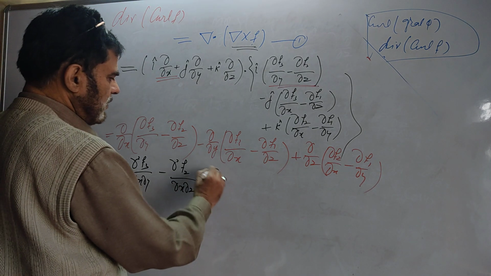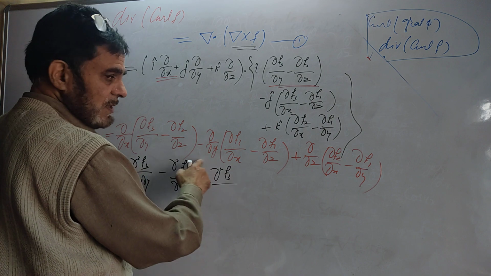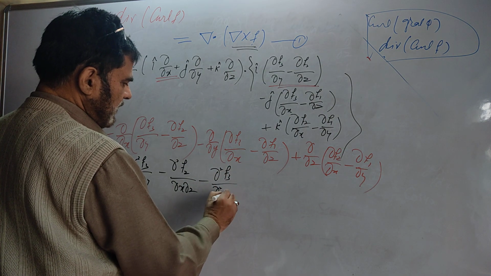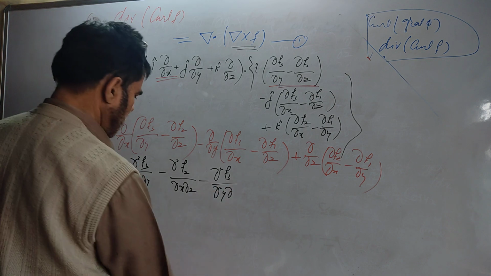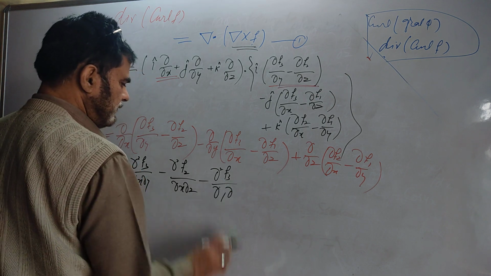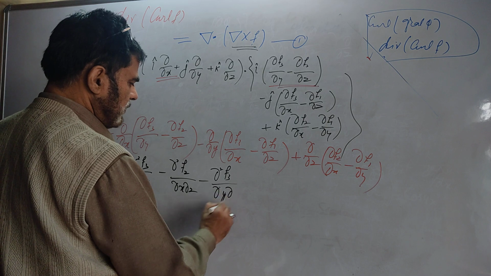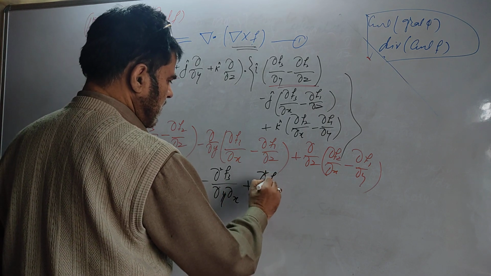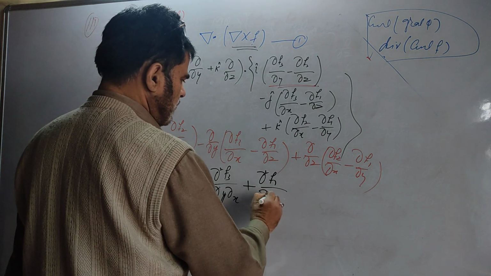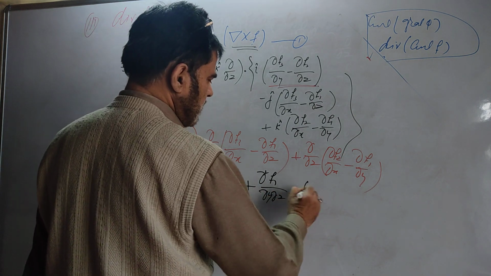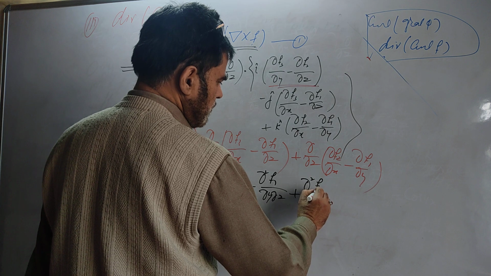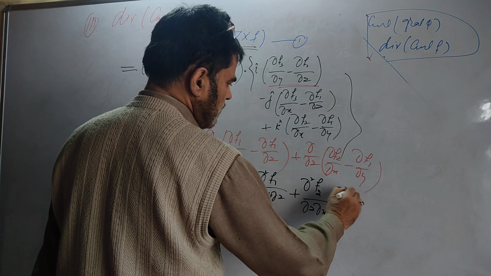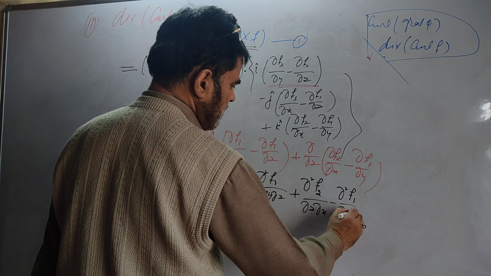This is minus dou 2 f3, I am operating this differential, dou y dou x, sorry, plus dou 2 f1 by dou y dou z plus dou 2 f2 by dou z dou x minus dou 2 f1 by dou z dou y.